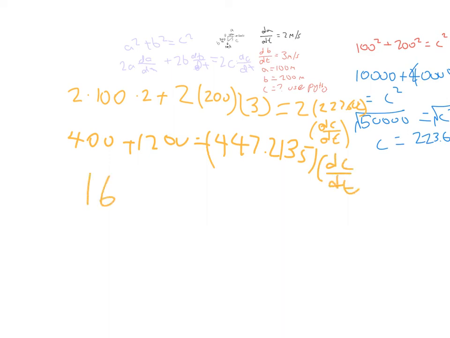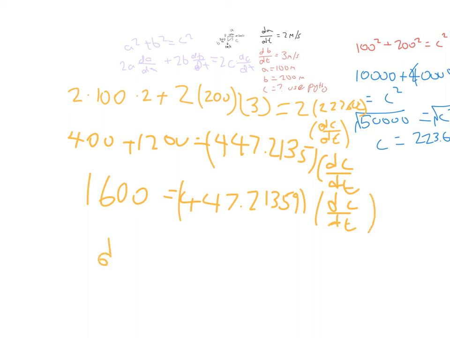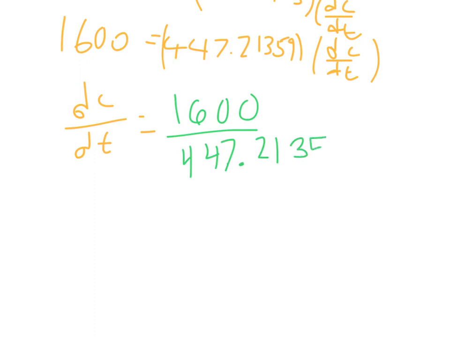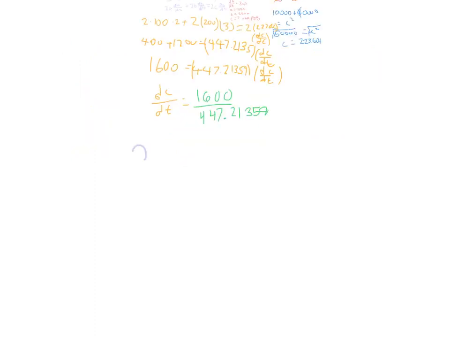When we add these two together, we'll get 1600 equals 447.21359 dc over dt, and then you divide: dc over dt is equal to 1600 over 447.21359, and that brings us to our final answer of 3.58 meters per second.